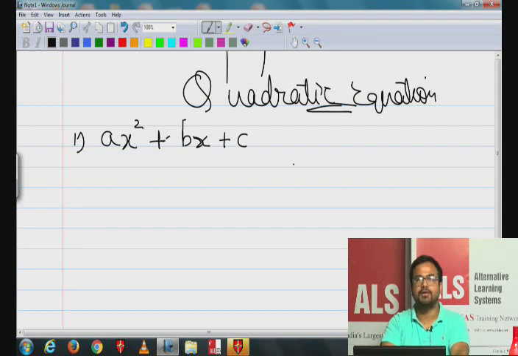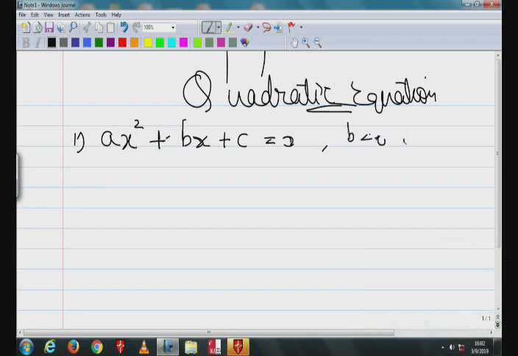So today we will discuss that question paper, quadratic equation. If this is the first question, ax square plus bx plus c is equal to 0, and it is also given that b is equal to 0 and c is greater than 0, and a is also greater than 0.